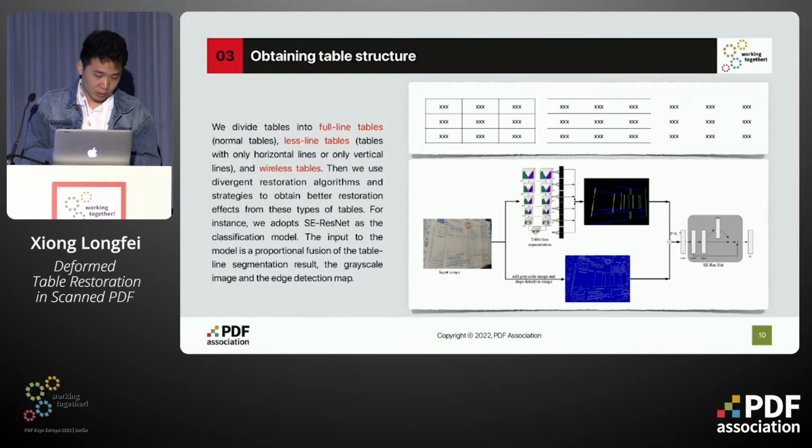As a result, we can obtain better restoration effects for those types of tables. We adopt SE ResNet as the classification model. In order to improve the classification accuracy of these tables, we mix the segmentation map and edge detection map into the classification model.